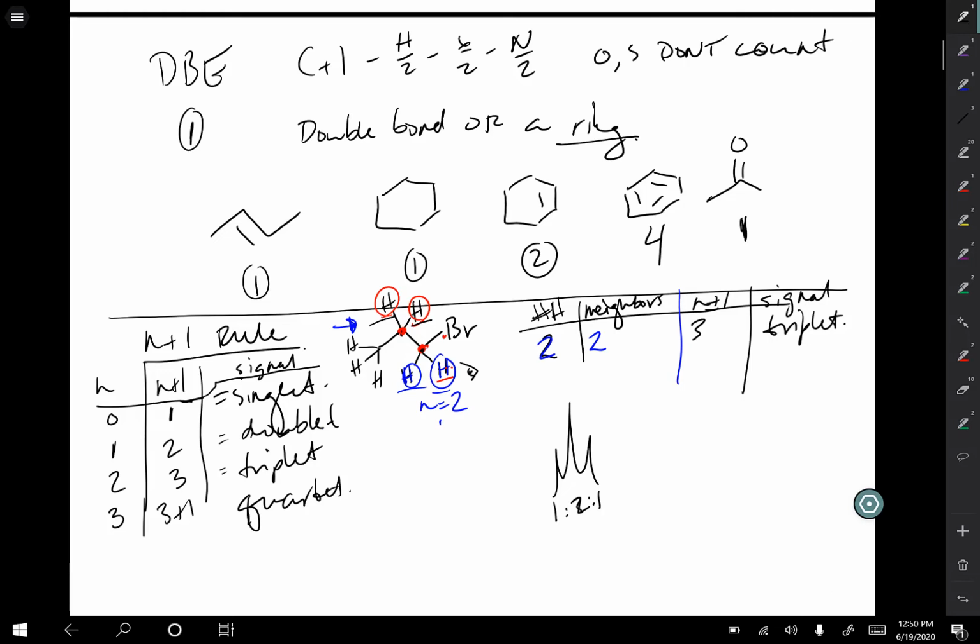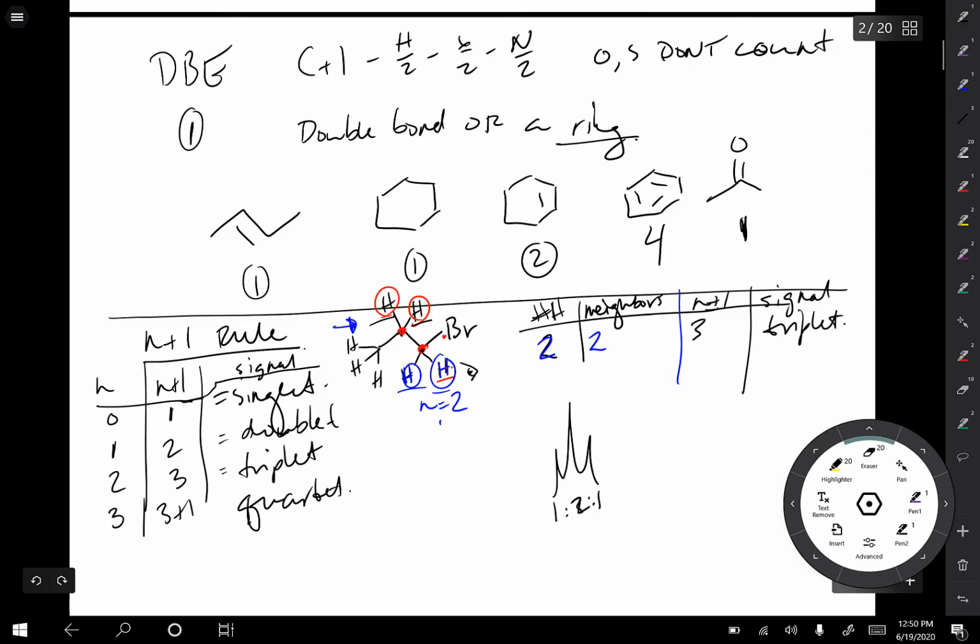So this is super important because not only do we know we have 3 different signals, we know one of them is a triplet. This is what we're going to be using on the example that we have. I could go through here and walk through the rest of it, but I'm not going to. I just wanted to highlight this N+1 rule. Again, the 2 hydrogens you're looking at, these red ones, are equivalent. So they split the blue hydrogens the same.